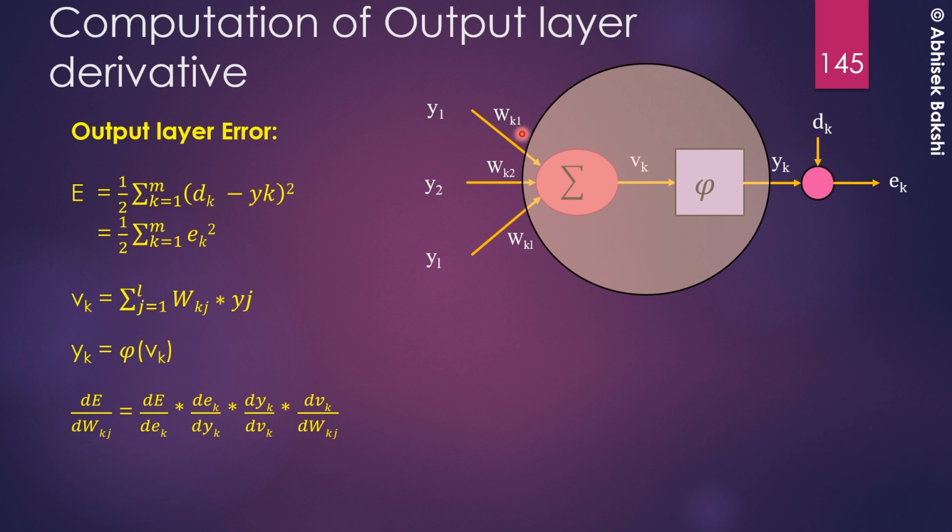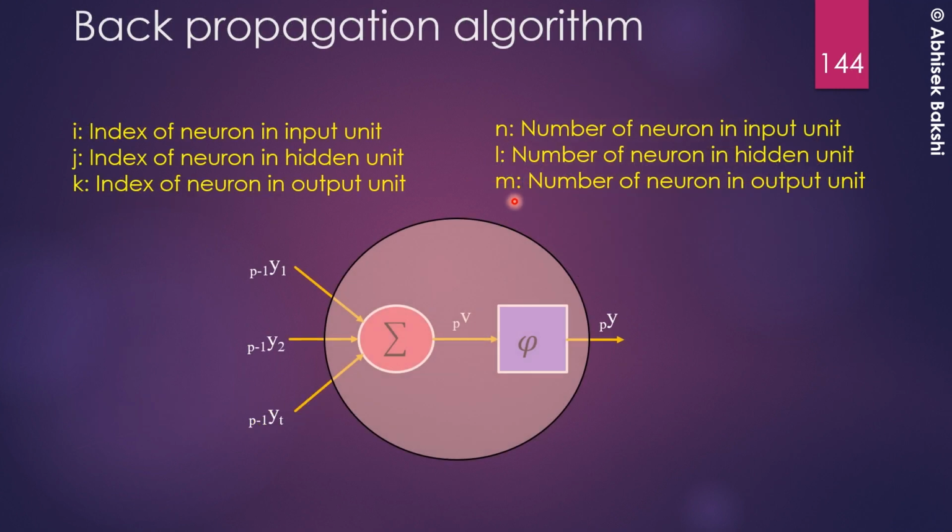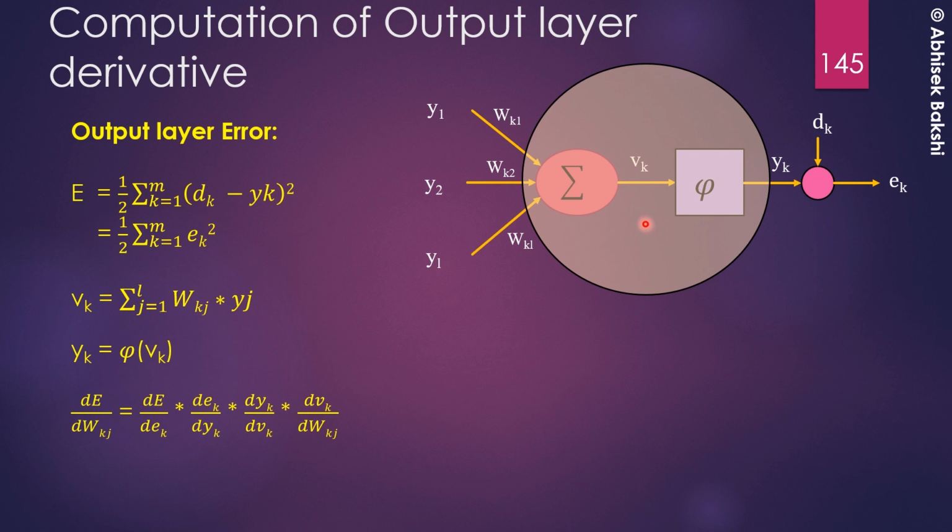What does it mean? It means that it is the kth neuron of the output layer. Now this value of k can be 1, can be 2, can be 3, can be anything, up to n, because the number of neurons in the output unit we considered as n. Anyway, the other things remain the same.